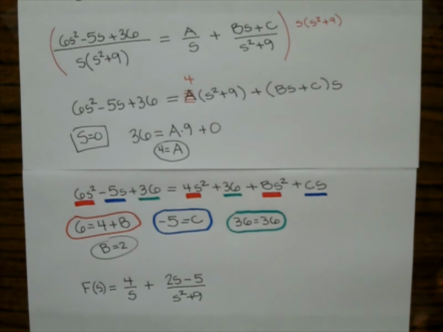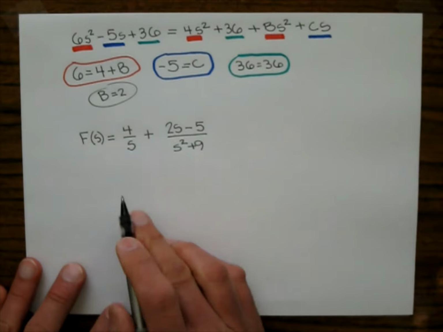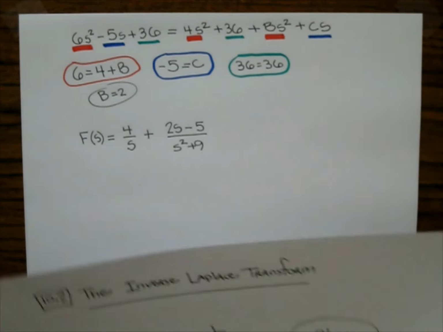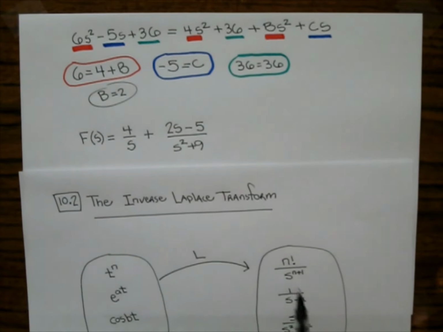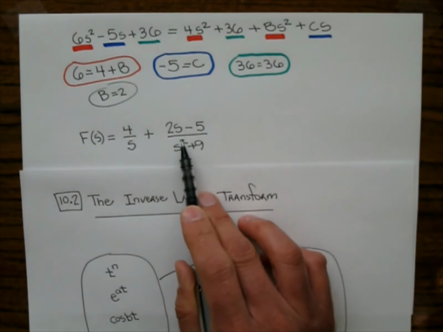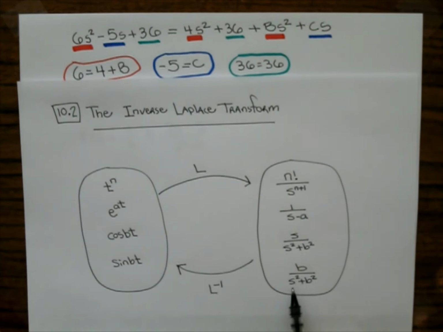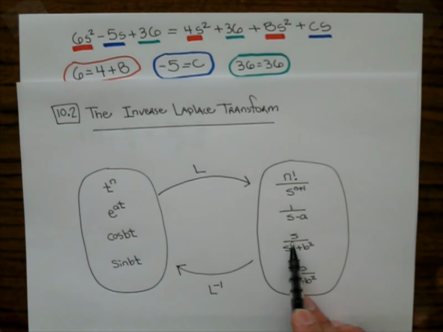Okay, let's continue. We're trying to find the inverse transform of this. I think we can find the inverse transform of the first one because we have the n factorial. We'll do that, but the second one still looks crazy. It has an s squared plus 9. It reminds us of this s squared plus b squared, but there's only one thing on the top of those.